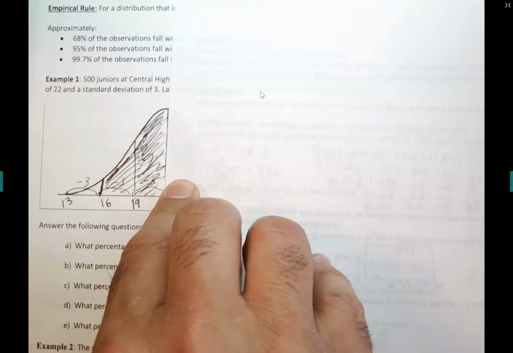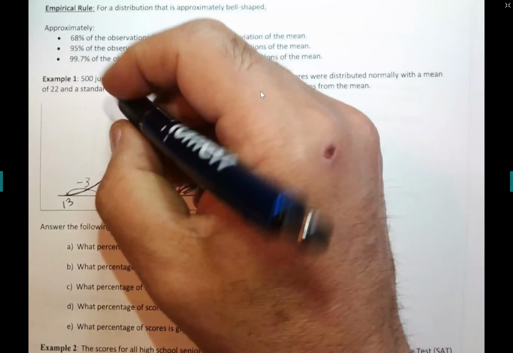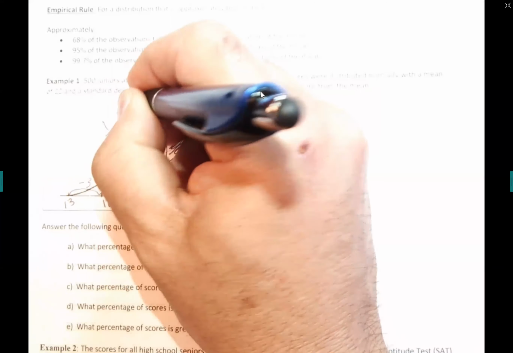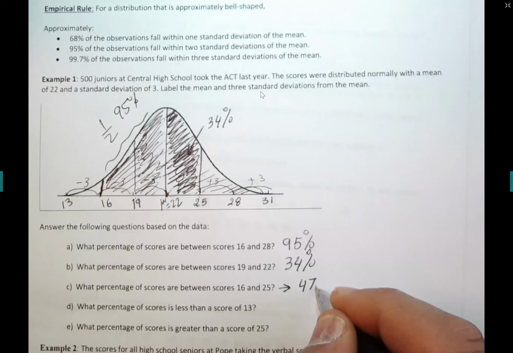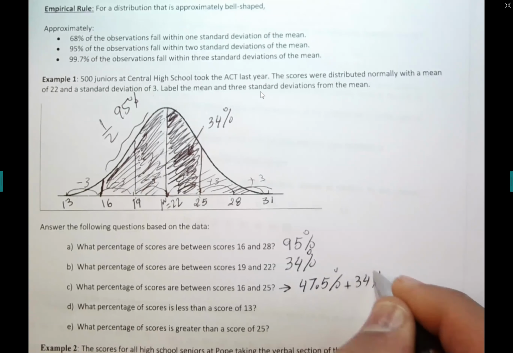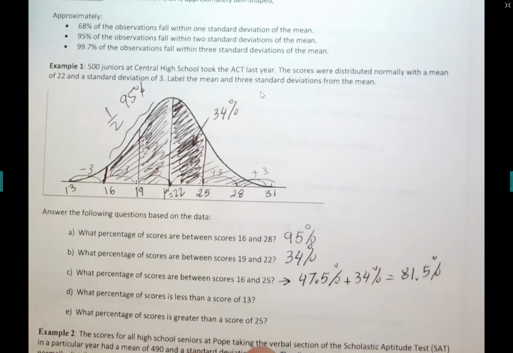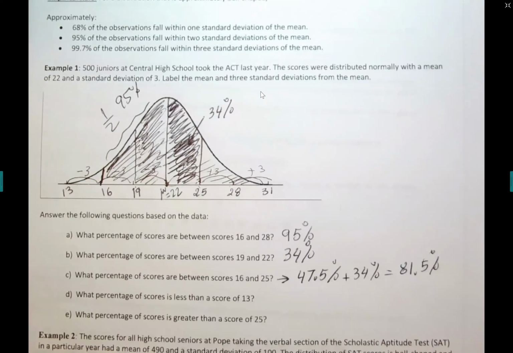So that's half of 95. Well, let's add them up. Half of 95% is 47.5, and 34%, as you said, gives 81.5%. So this is what we call the empirical rule.